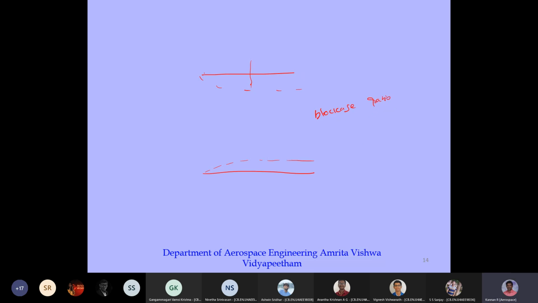So solid blockage, wake blockage and all, we'll be looking at that. Accordingly, we will choose the model size. If you want to measure the boundary layer thickness, we will have a boundary layer probe, a very thin total probe, and using that we will be measuring the boundary layer thickness.